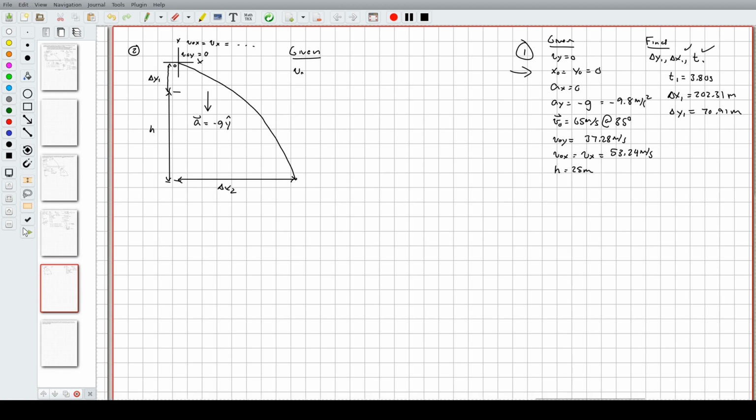We know our initial velocity in the y direction is 0 because the arrow in y goes up, is pulled to rest through the action of gravity, and then is pulled back down towards the ground. We also know that our x component of velocity doesn't change. It's the same all throughout. 53.24 meters per second.